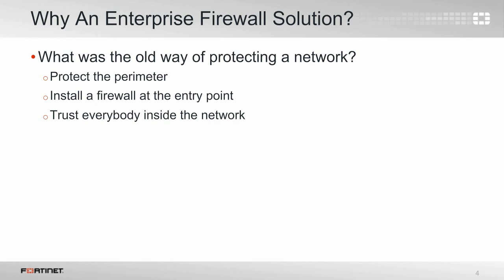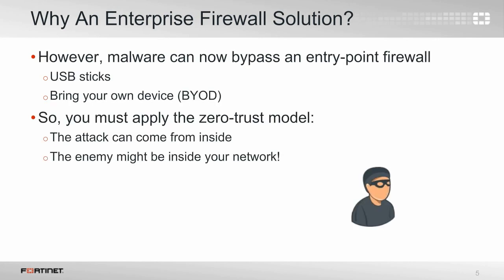In the 1980s, the traditional way of protecting a network was securing the perimeter and installing a firewall at the entry point. Network administrators used to trust everything and everyone inside the perimeter. Now, malware can easily bypass an entry point firewall and get inside the network.